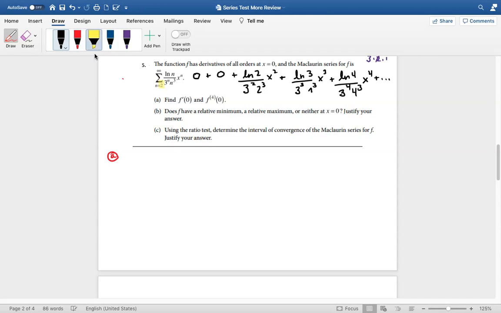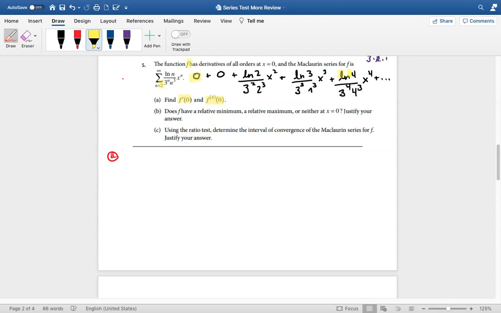Since in part A they were asking for derivatives of a function I don't see, I just see its series. Hopefully the first one isn't too bad to realize what it must have been.